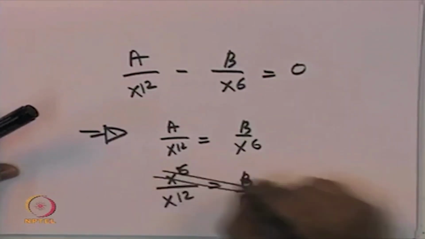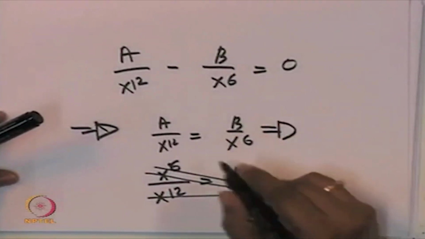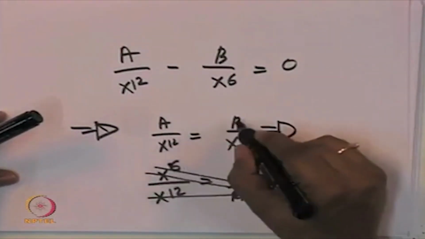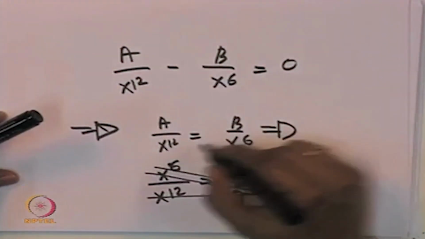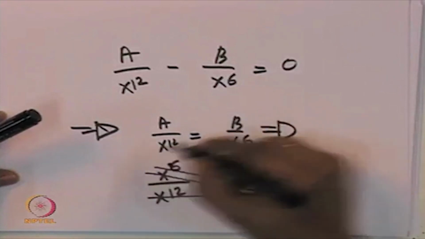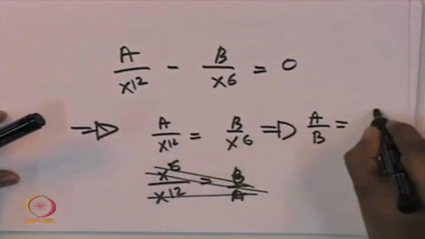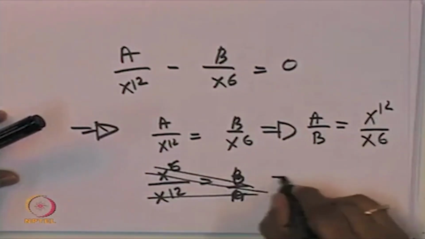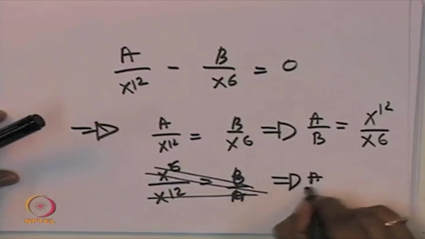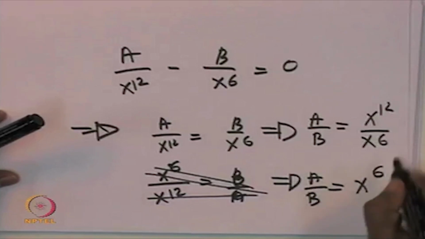Let us do it slowly. I can take x power 12 this side and b this side. So, I can say a by b is equal to x power 12 by x power 6. This implies that a by b is x power 6.